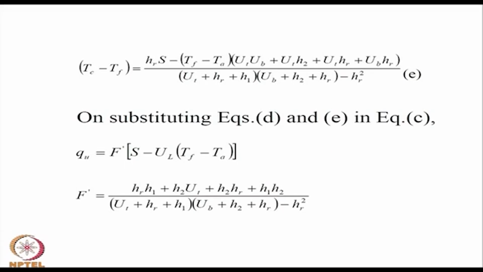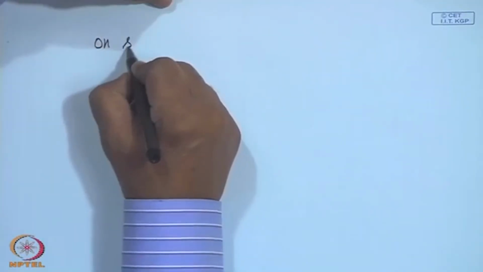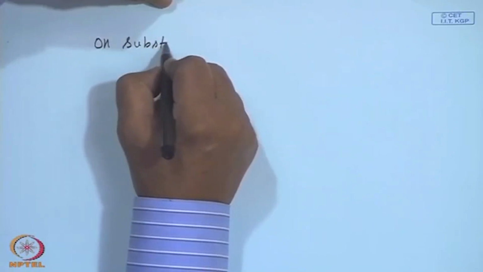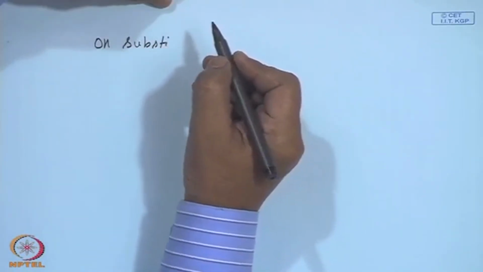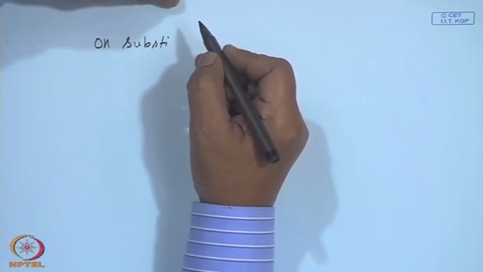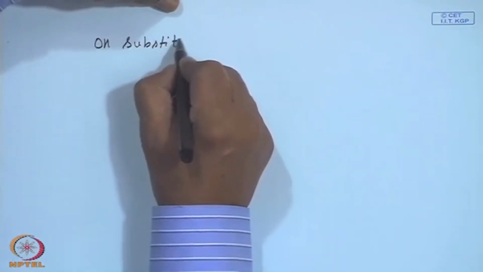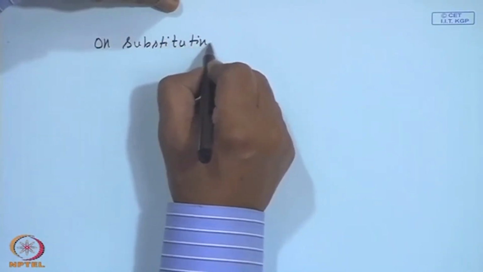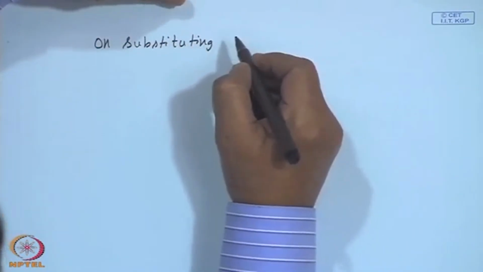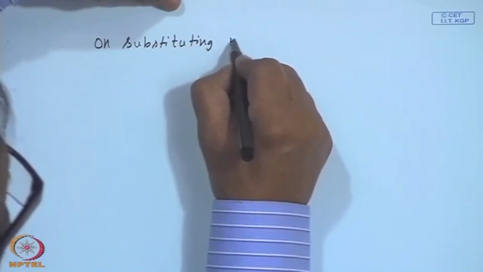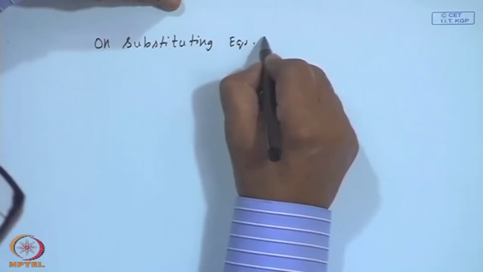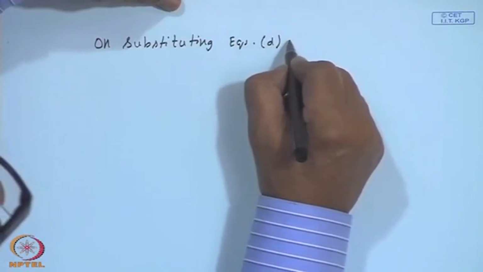There may be one or two differences that you can easily figure out. You can always refer to the textbook by Duffie and Beckman. Nevertheless, you have to work out, because the details are not given in most of the books, because this is a laborious algebra.